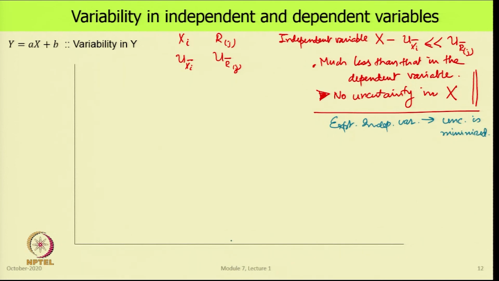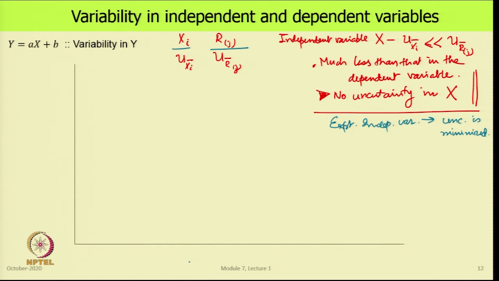So, in general that would be a strategy for designing the experiment, and say that for my independent variable, I want to keep my uncertainty as small as possible in comparison to the other parameters. But in regression we could have said that any of those xi's or rj's that we pick as the independent variable, we say its uncertainty is very small. That is one.